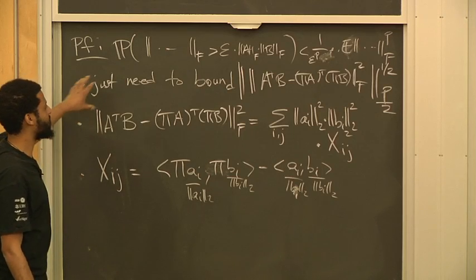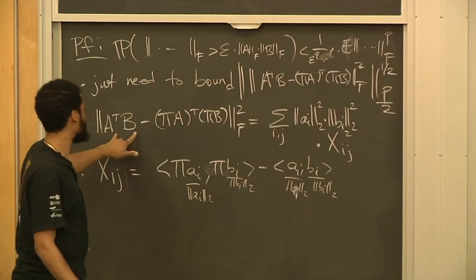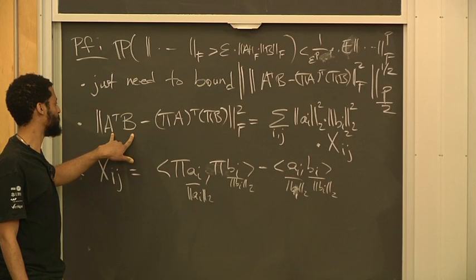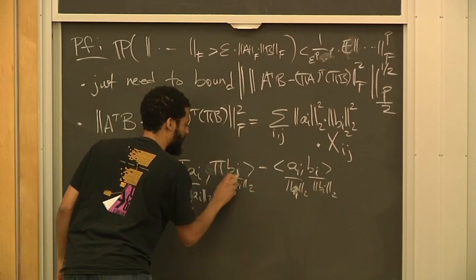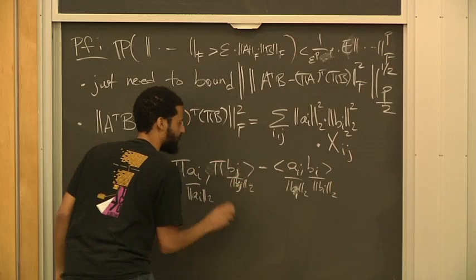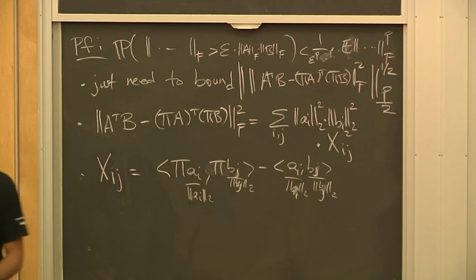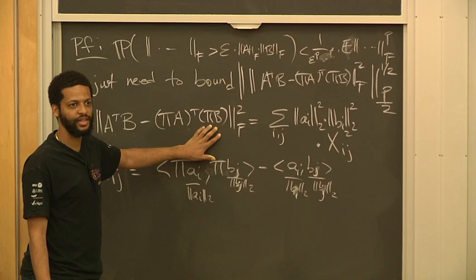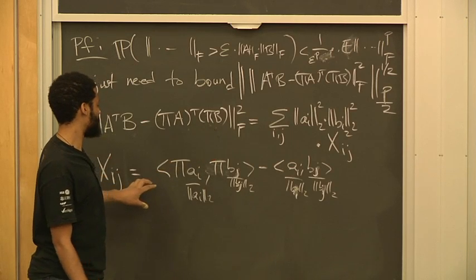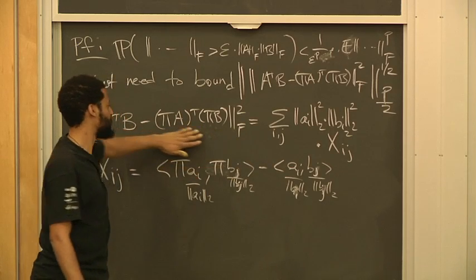So in general, what is the ijth entry of a matrix? If you take A transpose B, what is the ijth entry of this? It's the ith row of A dotted with the jth row of B. So if you're looking at A transpose B minus pi A transpose pi B and looking at its ijth entry, then it's the ijth entry of this minus the ijth entry of this.